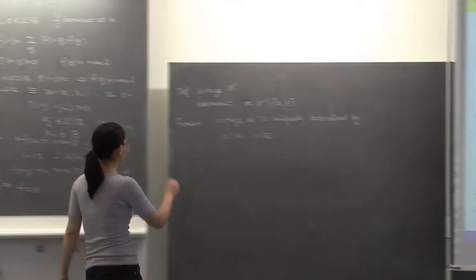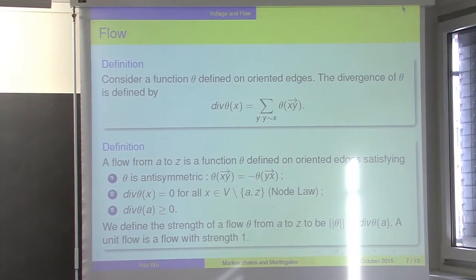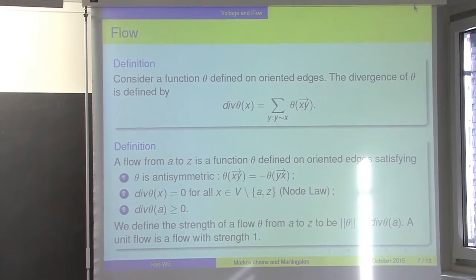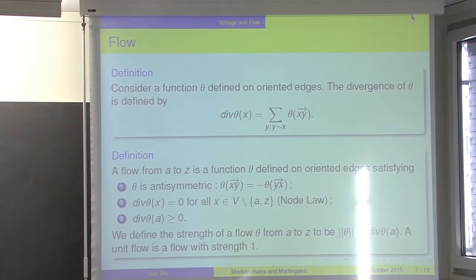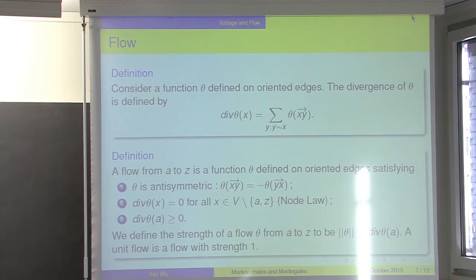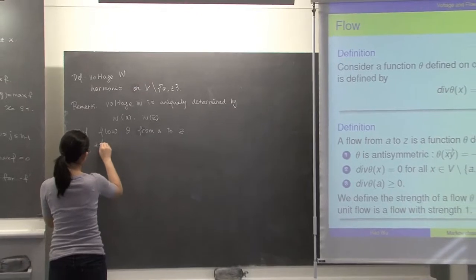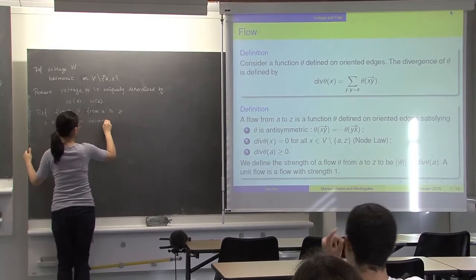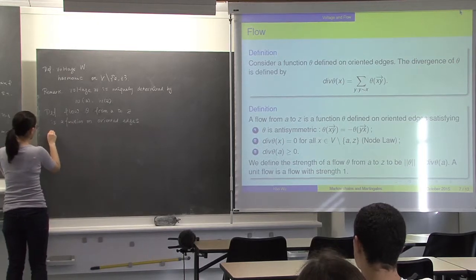And the next notion is called flow. Okay, a flow on the network is just a function on our oriented edges. So a flow theta from A to Z is a function on our oriented edges, and it satisfies the following three properties.